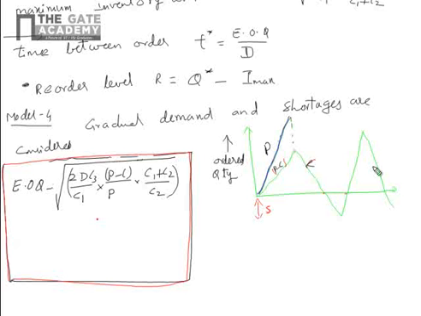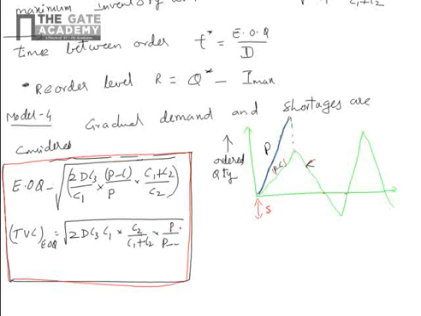Total variable cost at economic order quantity equals the square root of 2D C3 C1 into C2 by C1 plus C2 into P by P minus C. Whatever values you get in order quantity, the P terms will be reversed. You just remember these two formulae, you can solve most of the questions.